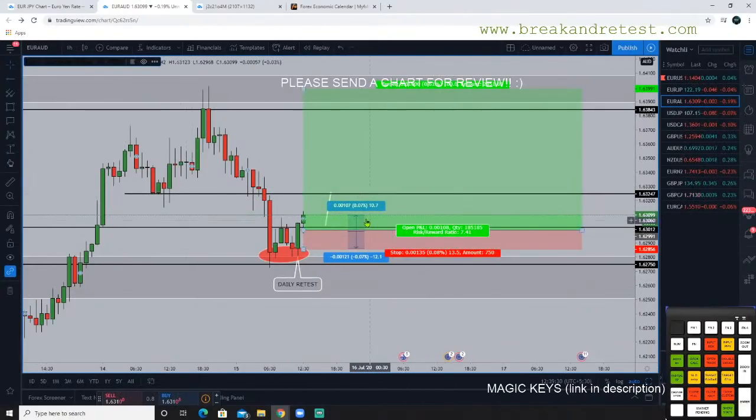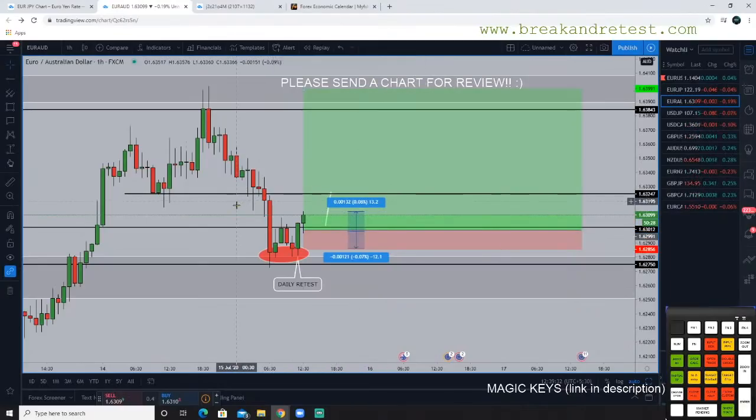But still there's plenty of room to push to the upside. We have 13 pips. I think I'm gonna close only half. 13 pips, I'm gonna close half and just move my stop to break even.